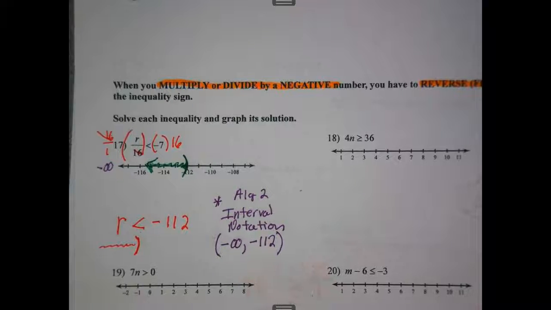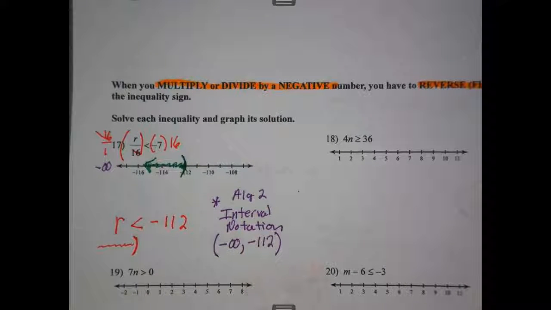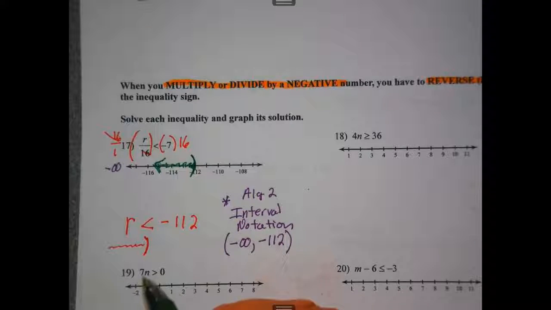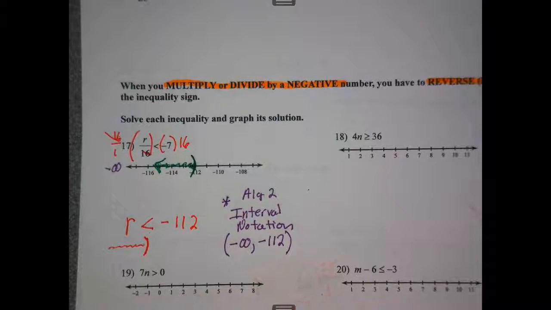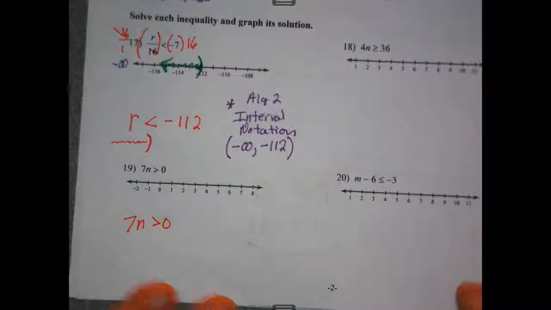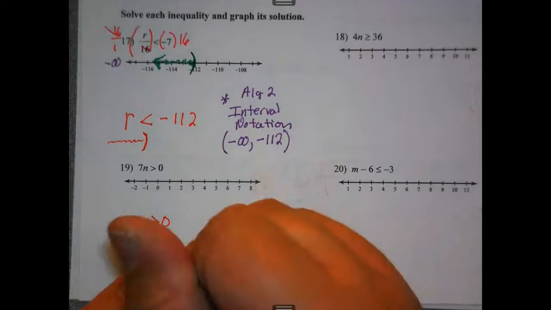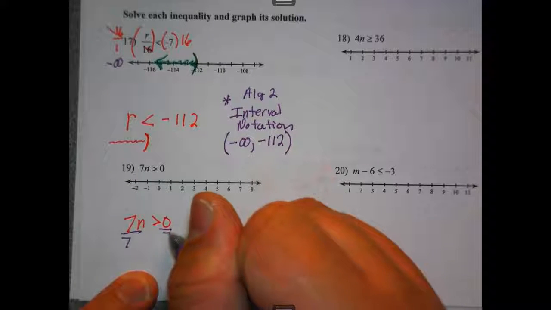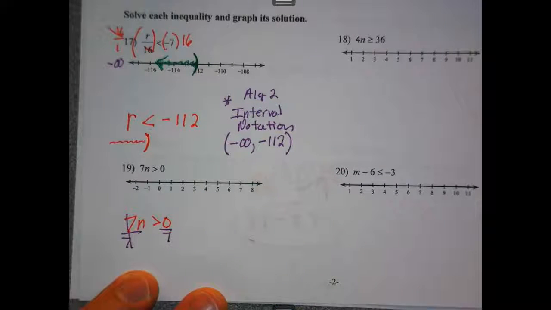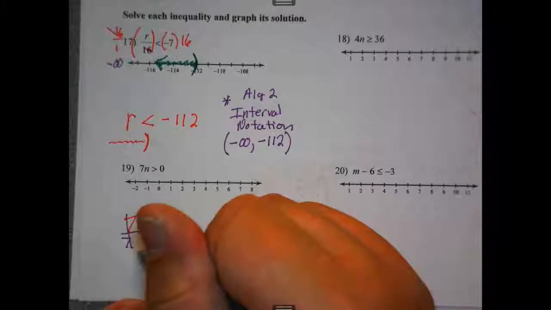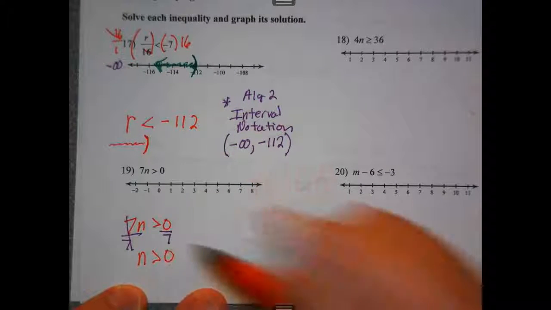All right, number 19. I have to divide both sides. We have 7n greater than 0. There's multiplication between the 7 and the n. So I'm going to divide both sides by 7. 0 divided by any number is what? 0. Okay.